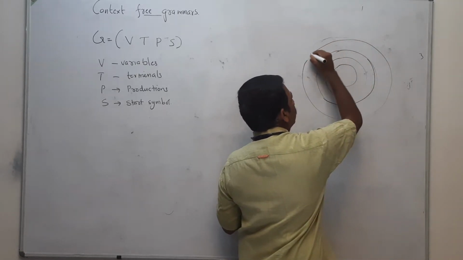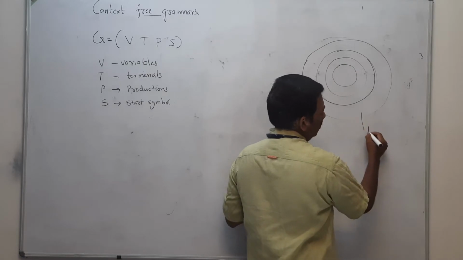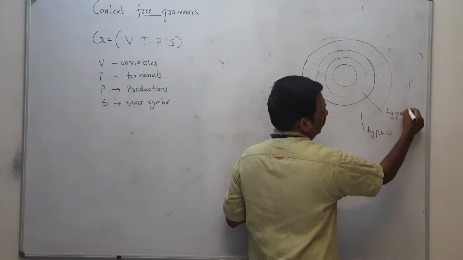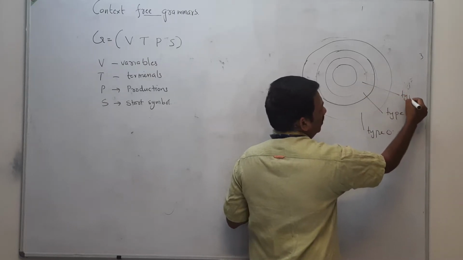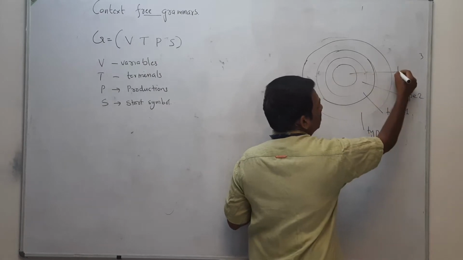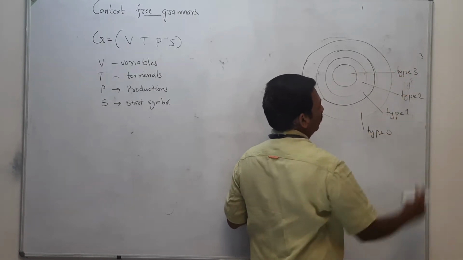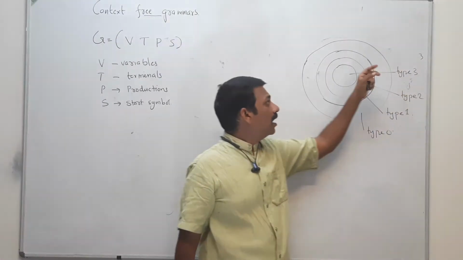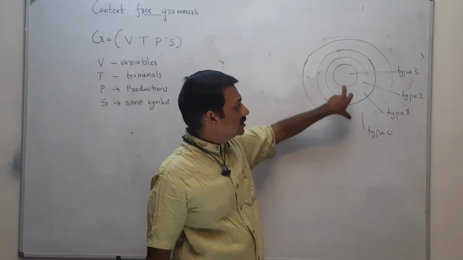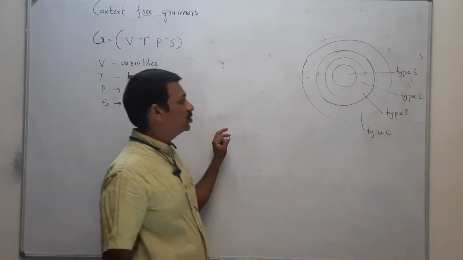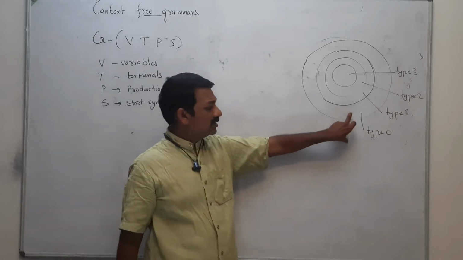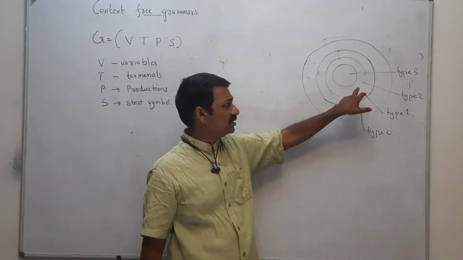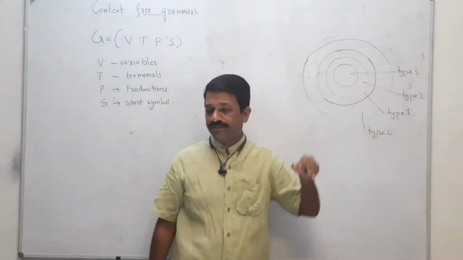This is type 0, type 1, type 2 and type 3, and this is the Chomsky hierarchy. According to the Chomsky hierarchy, type 0 is unrestricted grammar, type 1 is context sensitive, type 2 is context free, and finally type 3 is regular.